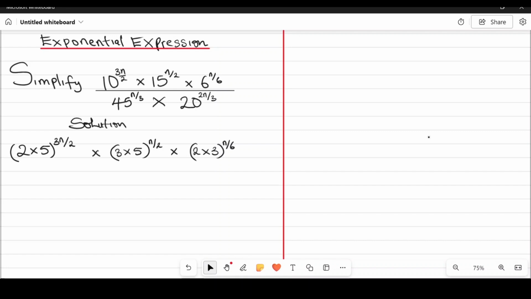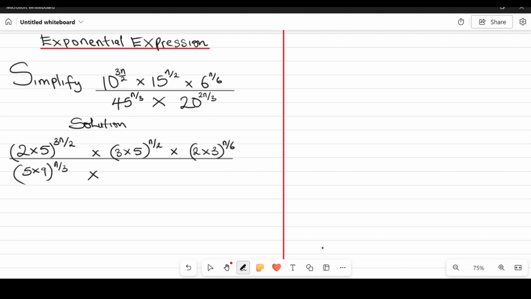So everything will be divided by 5 times 9 all raised to the power of n divided by 3, times 4 times 5 all raised to the power of 2n divided by 3. Now we have been able to express all our terms as a product of their factors.